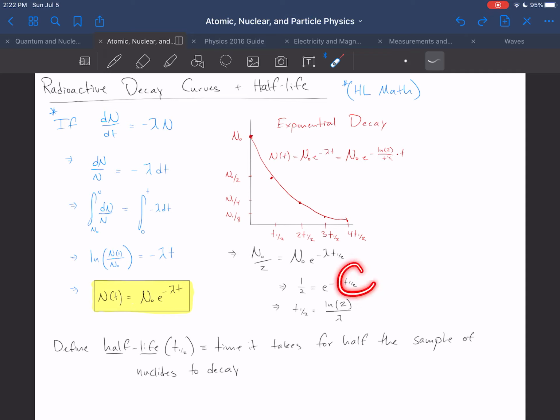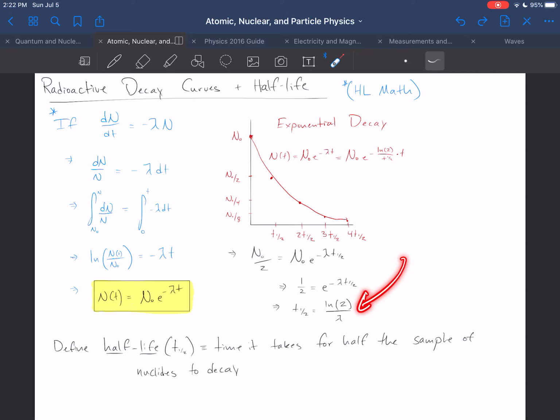And that means I can solve for t sub 1/2 here. I can take a logarithm of both sides and divide by negative 1. That gives me negative log of 1/2, otherwise known as log of 2, or ln of 2. So we have the natural logarithm of 2 divided by the decay constant is equal to the half-life.